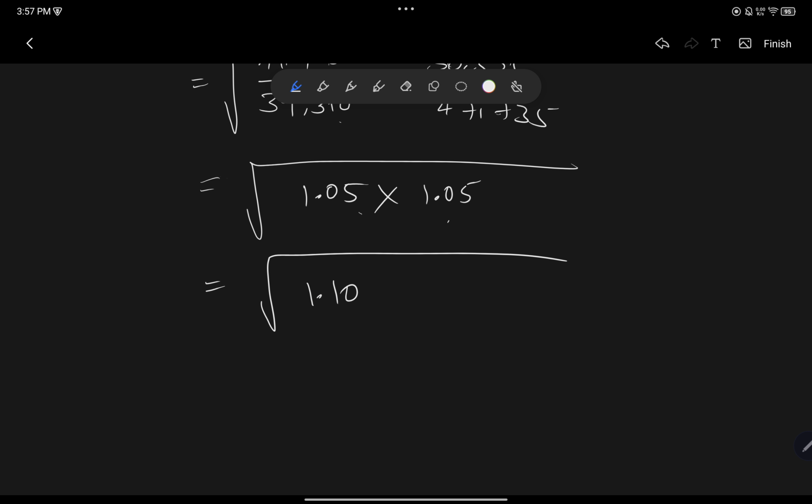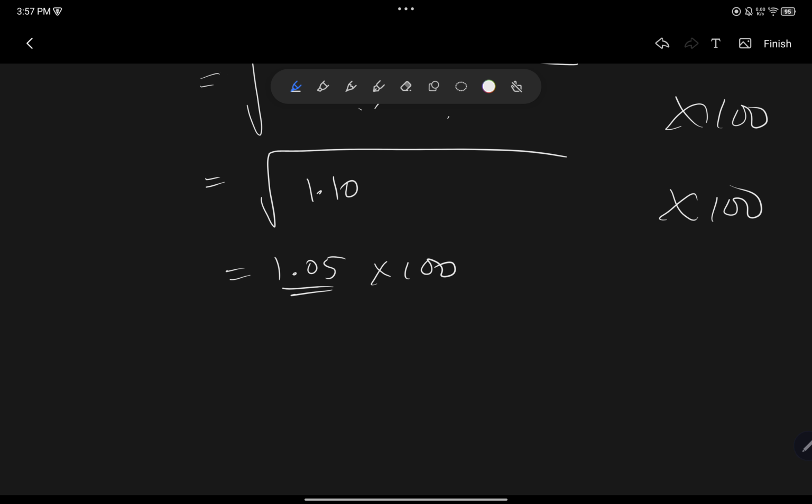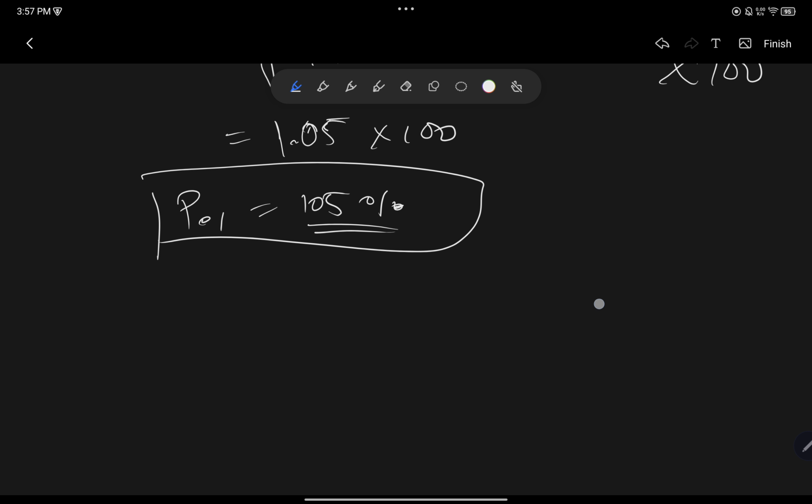So if we remove the square root, we get 1.05 only, into 100 which we had left earlier. That percentage, 1.05 into 100, is 105%. So this is Fisher's ideal index. P01, Fisher's ideal index, is 105%.